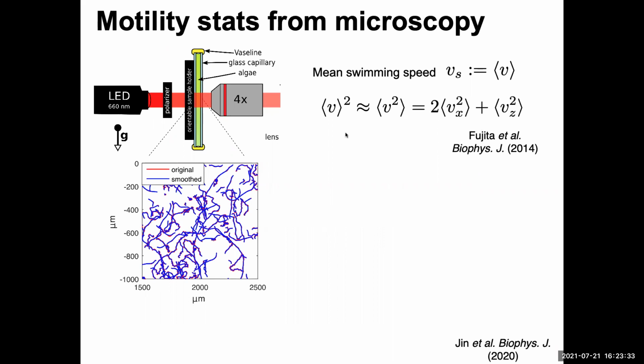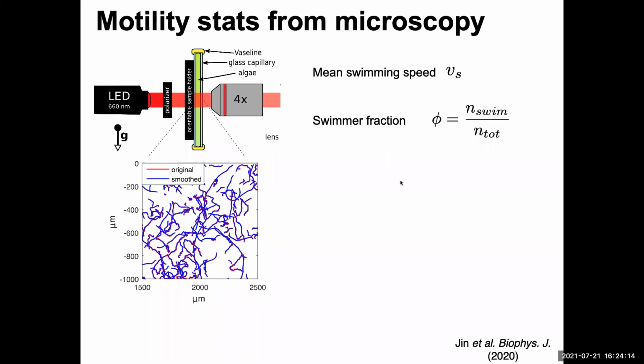We estimated the mean swimming speed by assuming that the distribution of cells was strongly peaked, so that we could approximate the square of the mean with the mean of the square, and also the speeds in the horizontal plane were the same. The distribution was quoted by Fujita et al. to be strongly peaked.